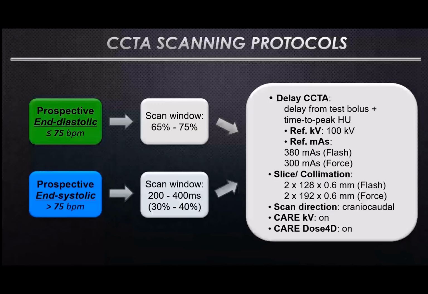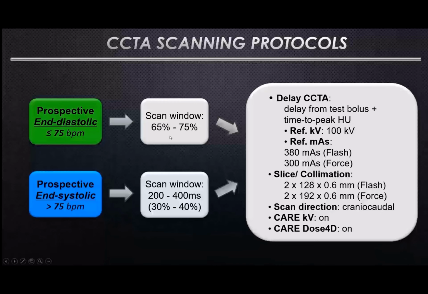So despite that we give beta blockers and instruct the patient, you may still have slightly higher heart rates, and then it would not be possible to scan diastole because you would have too much cardiac motion. However, it's actually desired to assess the cardiac dimensions with the heart in diastole. That's why we always try to scan in end diastole, also because the dose will be a bit lower.